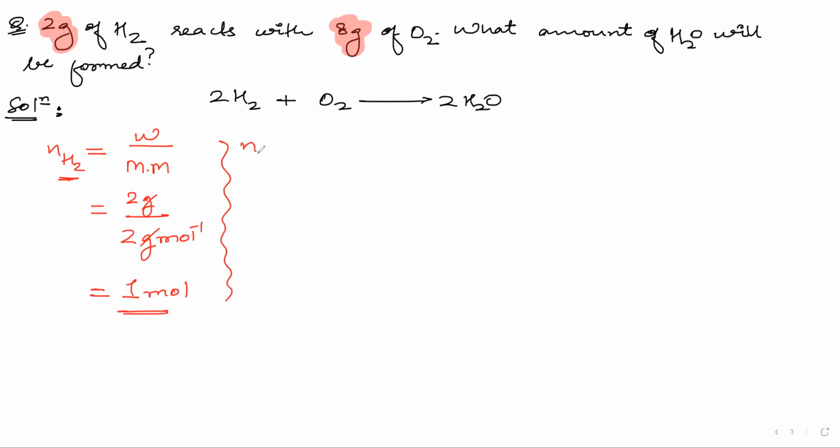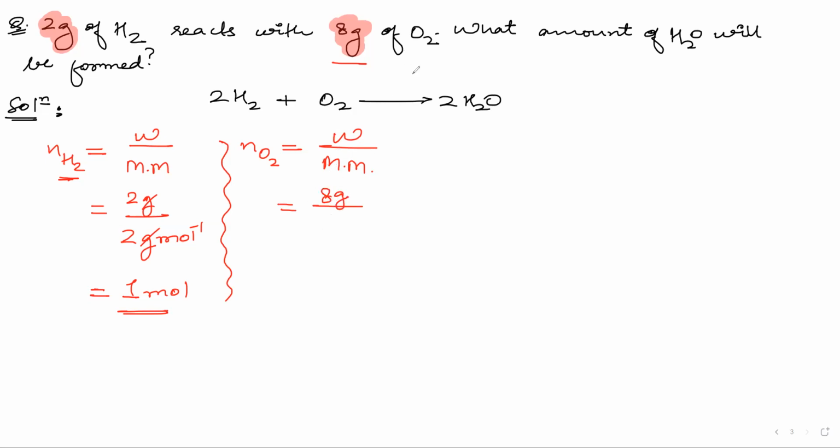Now, similarly, can you please guide me for the number of moles of O2? What is the formula for number of moles? Given mass by molar mass, only if the mass is given. We have been given 8 grams, that is mass. That is why we have plugged in this particular formula. The given mass here is 8 grams.